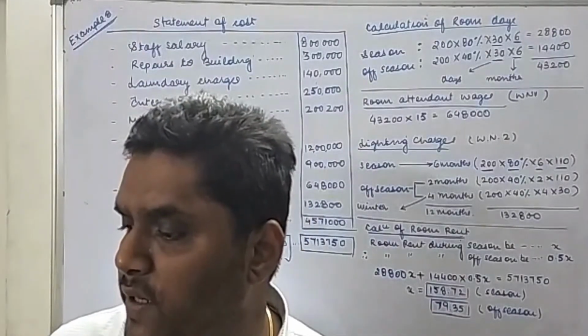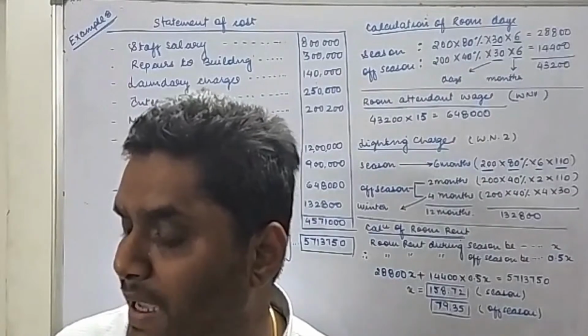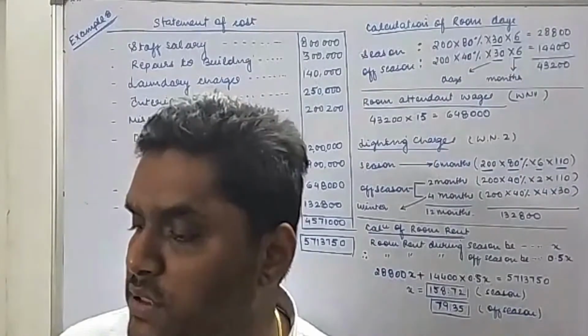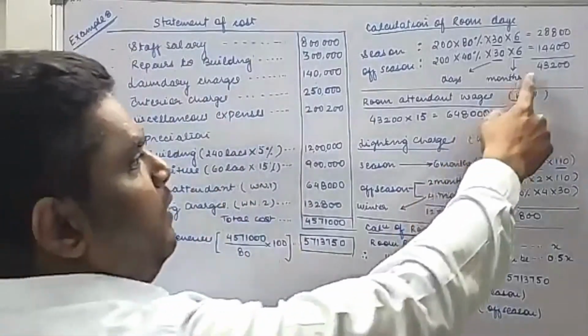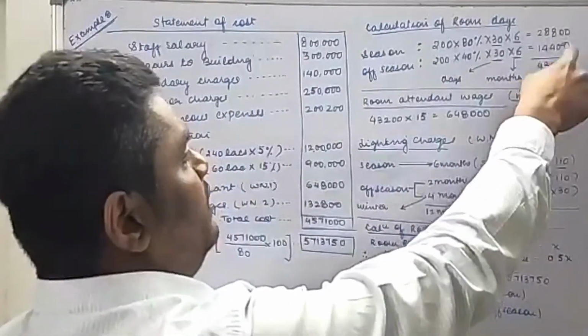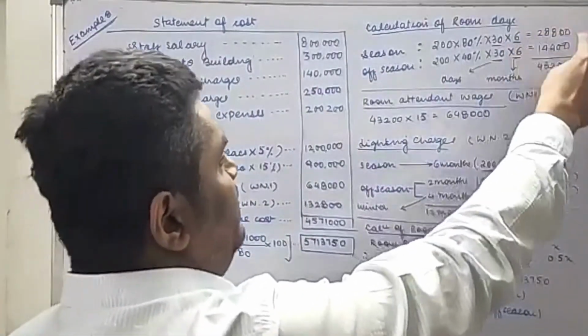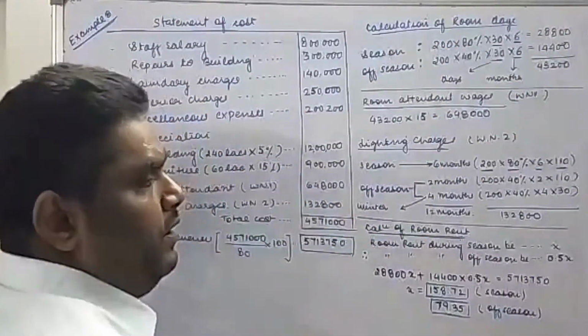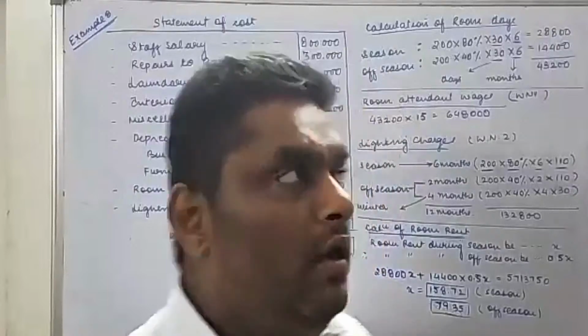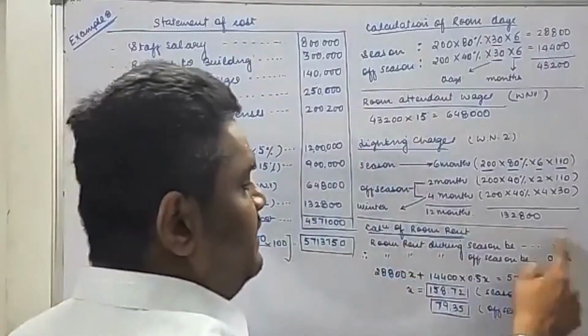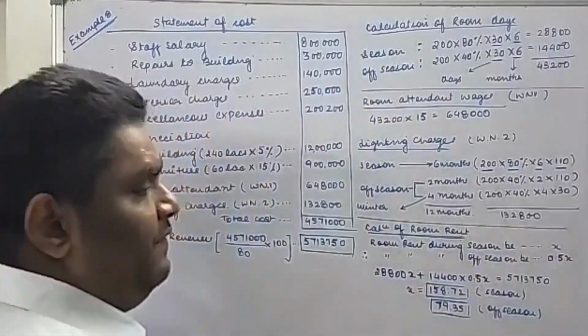Very good, Nitin. Very good, Dev. Srinivas asks, sir, why can't we use directly the occupancy room days here? See, the total number of rooms occupied is 43,200. During season, it is 28,800. During off season, it is 14,400. So the room rent is different for season and off season. For season, if it is X, then for off season, it will be 0.5X.